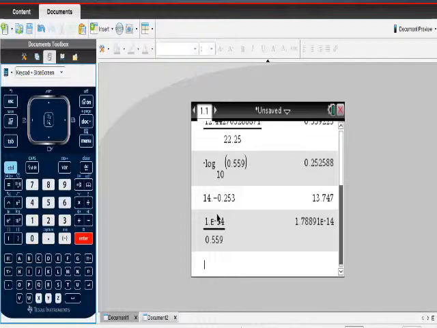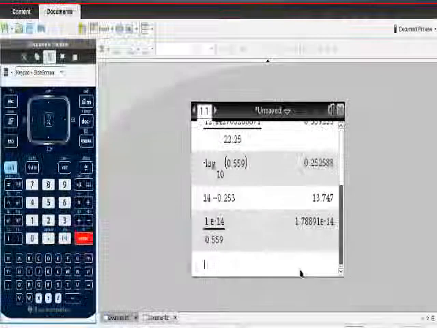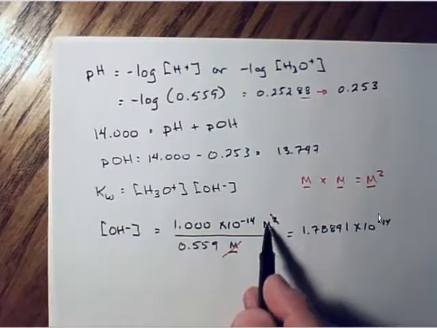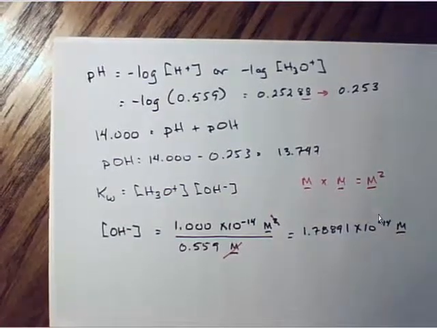And so we get a hydroxide ion concentration of 1.78891 times 10 to the negative 14. Again, you need to remember this e to the negative 14 on your calculator means times 10 to the negative 14. Because we have molar left, that's a unit we're going to keep.